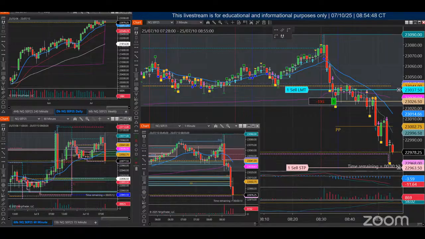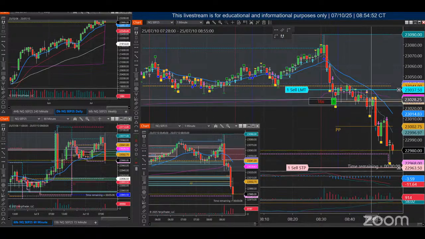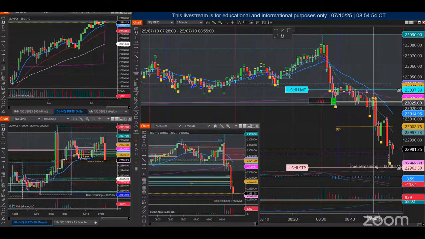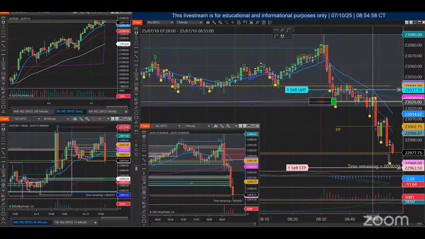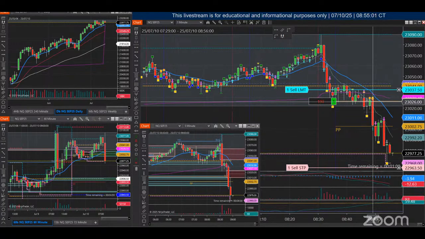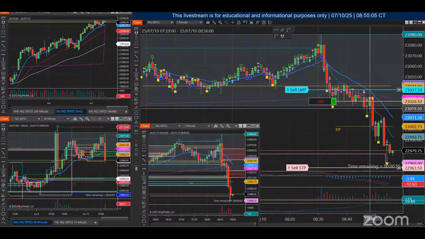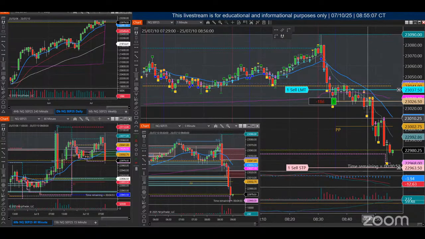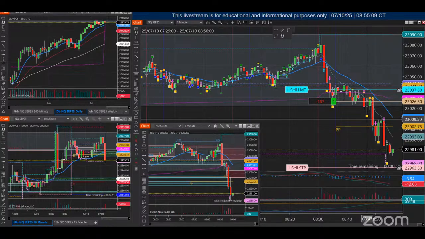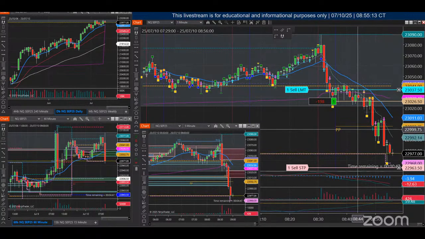All right, so hindsight is 20/20. What got me in here was this doji, followed by a green candle on the 1 minute chart. And if I was taking the trade, I should let my stop be right here or at least near the pivot point and then enter a new trade later on.